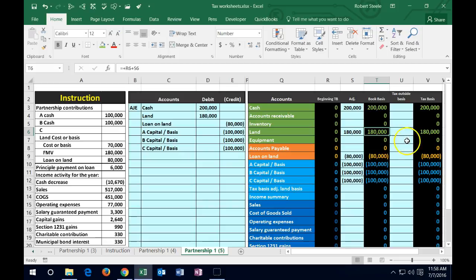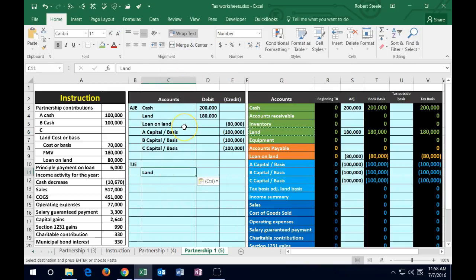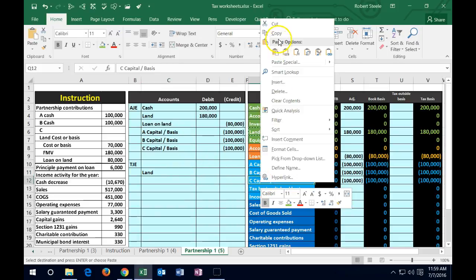So that means that this 180,000 land for tax purposes, we're going to basically bring it down to the cost basis, the 70,000 here. So I'm going to call this a tax journal entry. The land is going to go down because I've got to bring it down to the value on the books, and we're going to take it out of C's capital account for taxes.